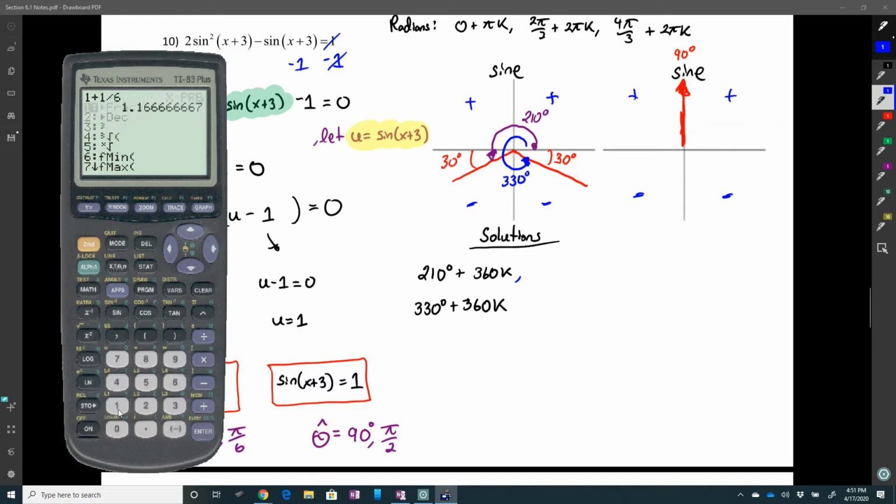You can mathfrac that. 7 pi over 6, plus 2k pi, or 2 pi k, same thing.